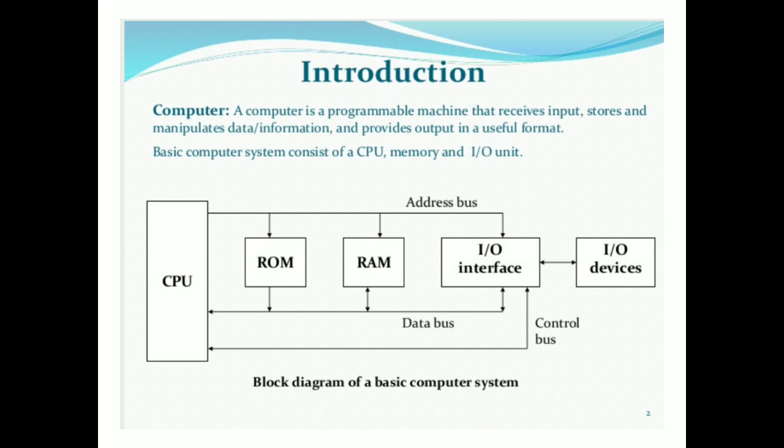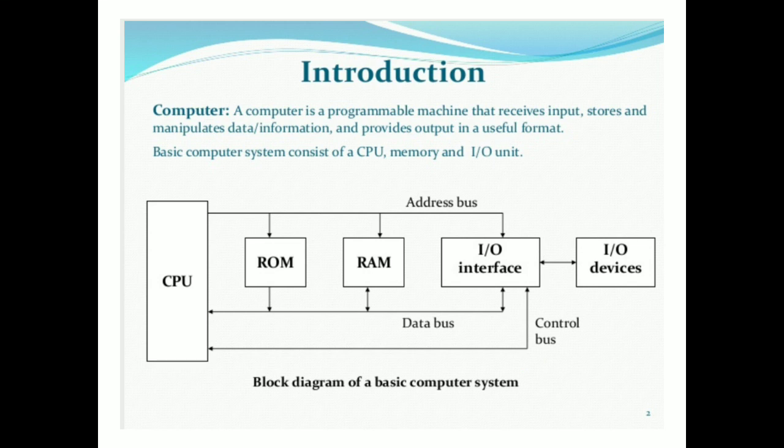The main components of this digital computer are central processing unit, memory, input device, and output device. Here, the central processing unit executes instructions. The input device is used to feed programs and data to the computer. The memory is a storage device.